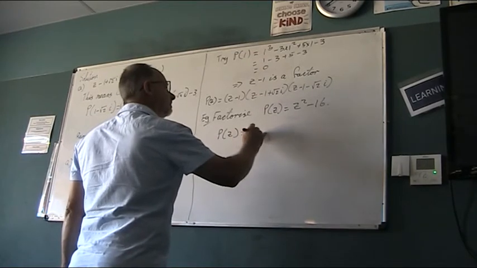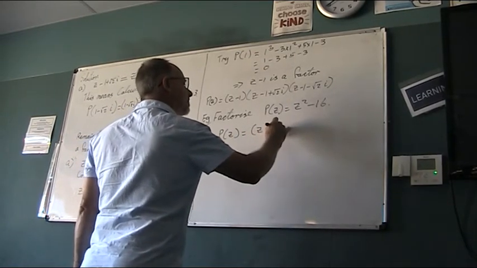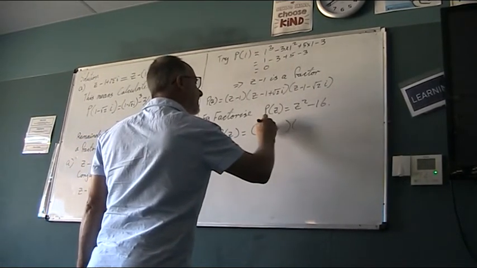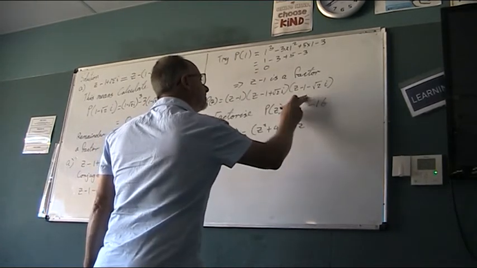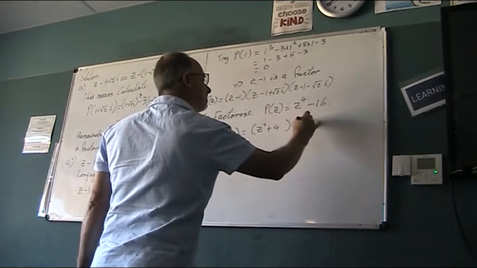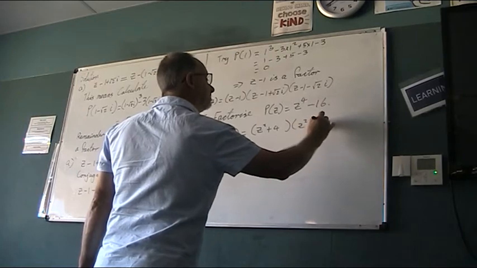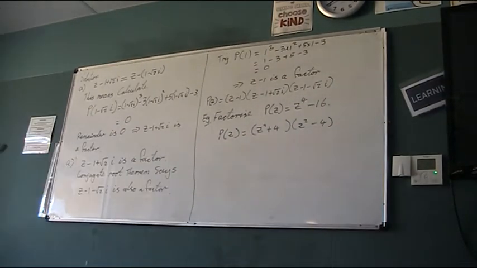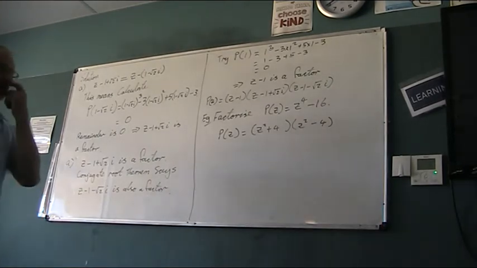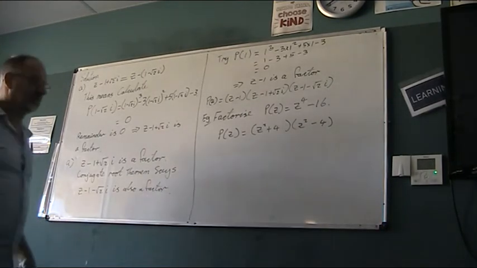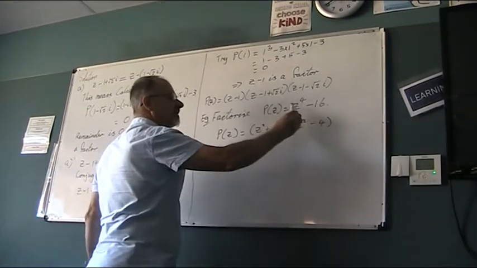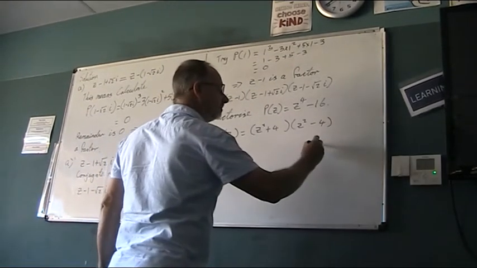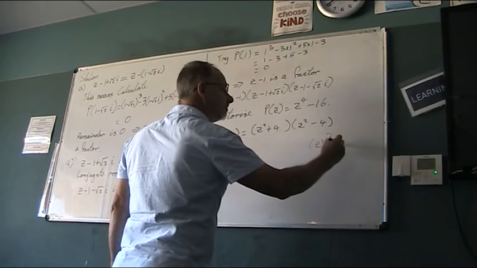So z squared plus 4, z squared minus 4. I've written the wrong one, sorry. So it's still a difference of perfect squares, but z squared is z to the 4.